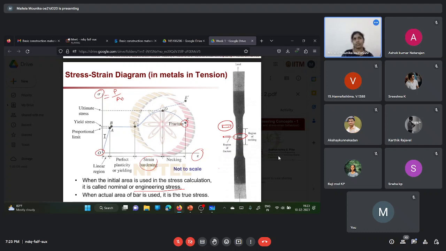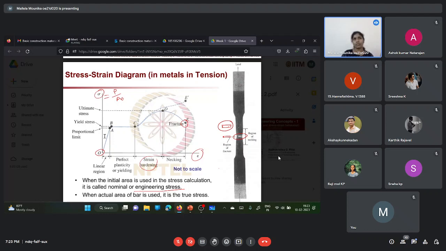And the stress can be calculated as the ratio of the external load applied to the area of cross section of the material. So by using that, we can get the stress.